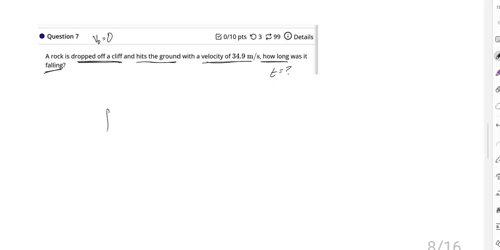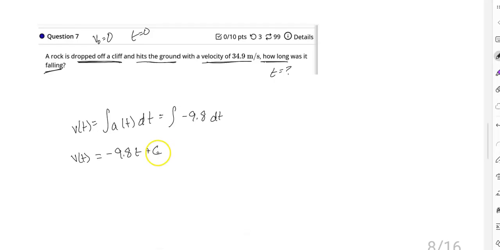So we know if we integrate acceleration with respect to time, we're going to get velocity, and we know the initial velocity at time 0. Since I'm looking at meters per second, I've got to use the meters per second values here. Acceleration here is negative 9.8. When I integrate that to get velocity, I'm going to get negative 9.8t plus c.